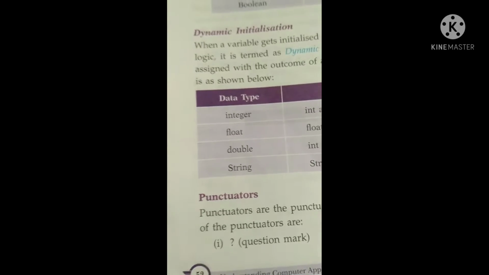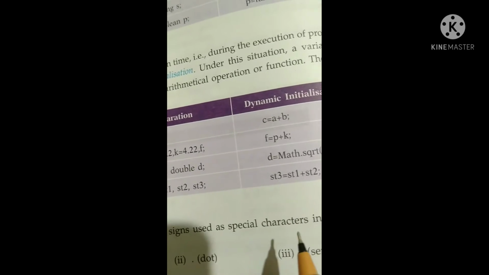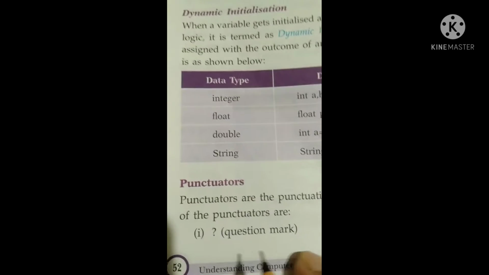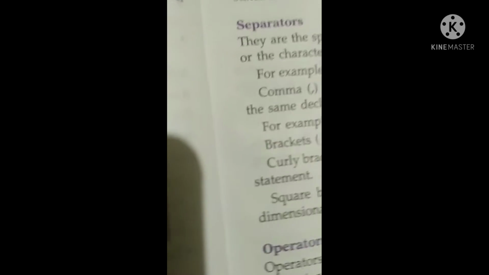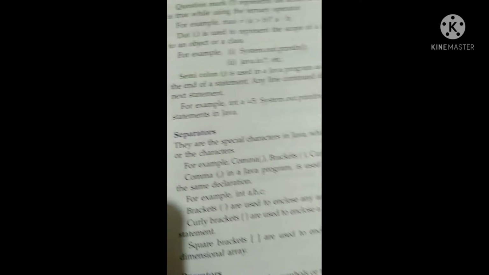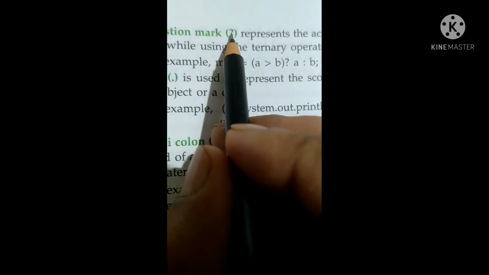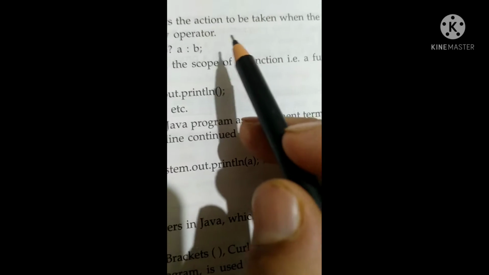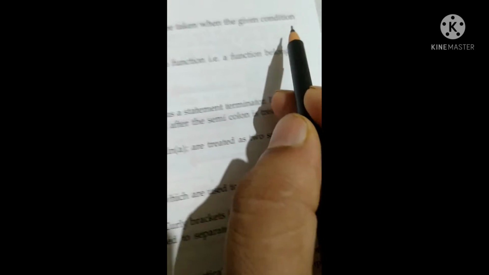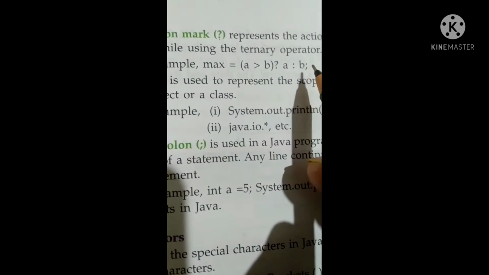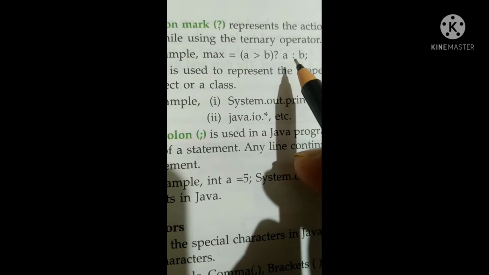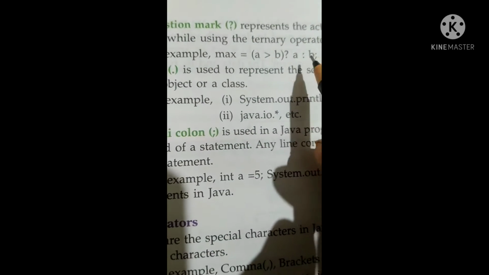Punctuators: here punctuators are the punctuation signs used as special characters in Java. Some punctuators are the question mark, dot and semicolon. We will try to understand the use of all these three. First, the question mark. It represents the action to be taken when the given condition is true while using the ternary operator. I will explain the use of the ternary operator later.